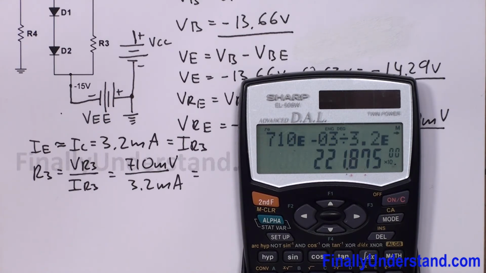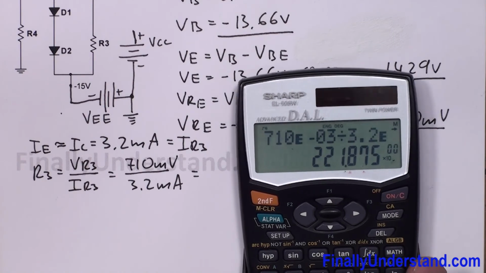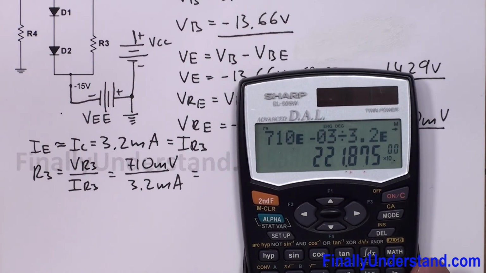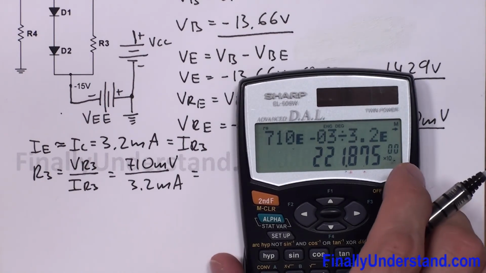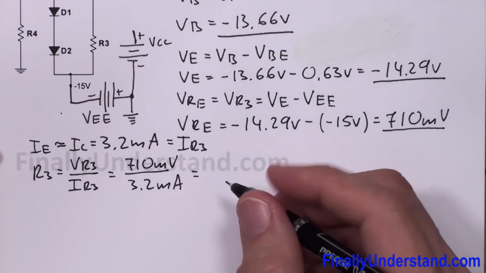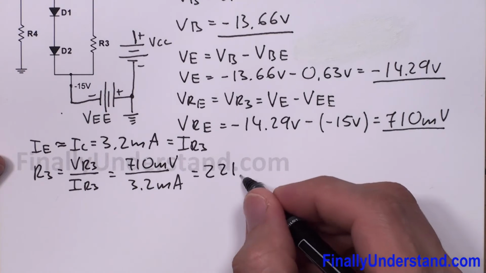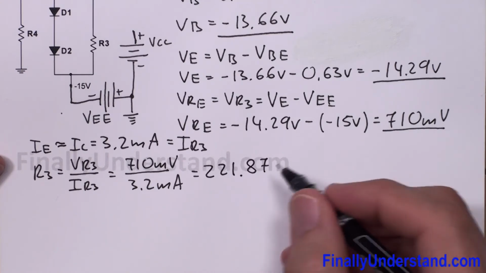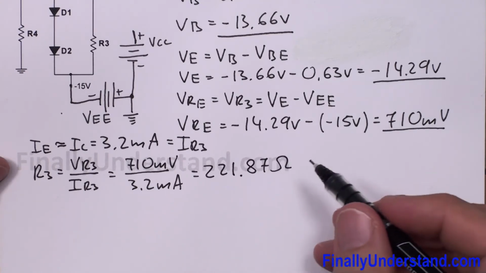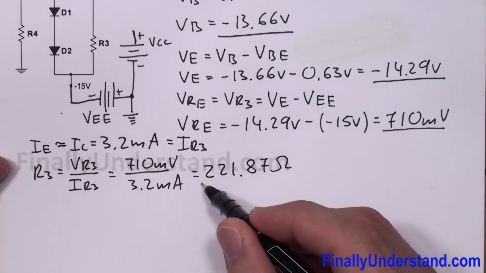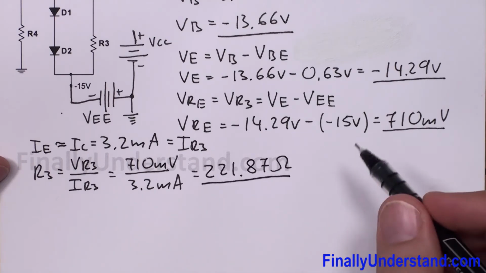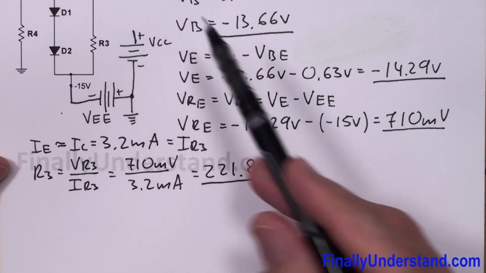This is equal to 221.87 ohms. Okay, so this is the value of the resistance of resistor R3.